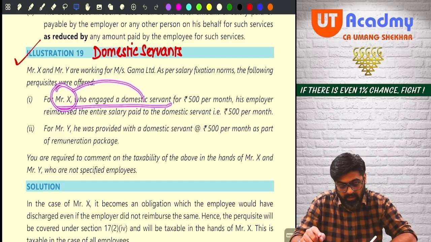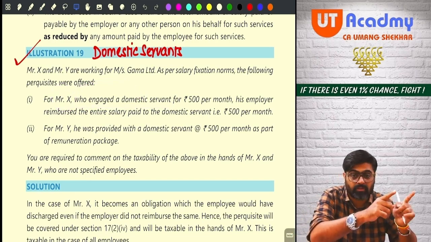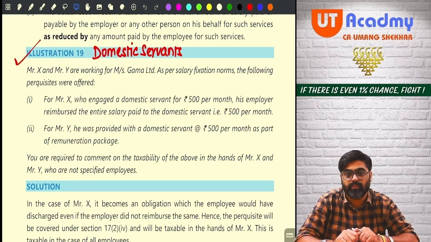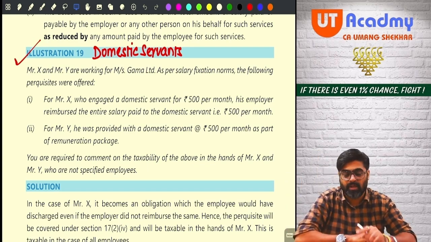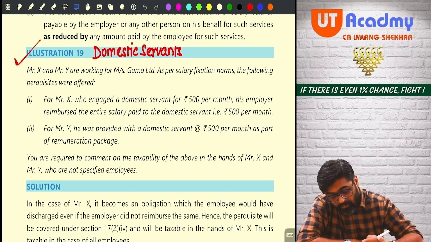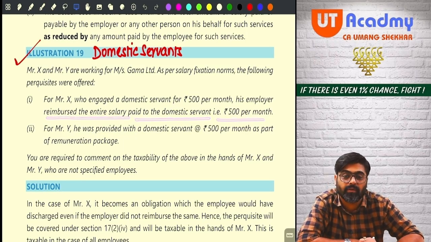The employee is engaging the domestic servant. The payment of the salary to this servant will be the obligation of Mr. X. It will be the liability of Mr. X. And how much is the salary? 500 per month. Now his employer reimbursed the entire salary paid to the domestic servant, 500 per month.